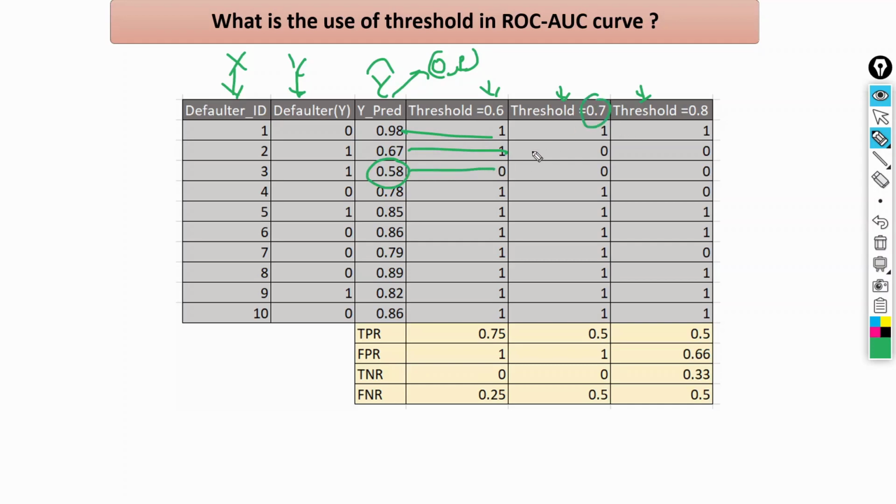At 0.7 this will also be 0. At 0.8 this will be 0. This way I will get different classes. If you count 1, 2, 3, 4, 5, 6, 7, 8, 9, 10, here I am getting 1s and 0s, right? Here I will get two 0s and eight 1s.